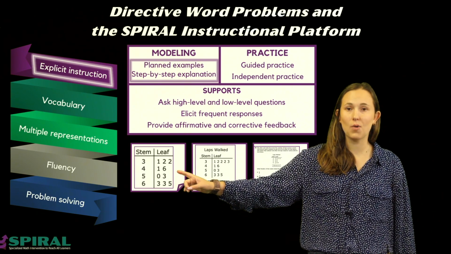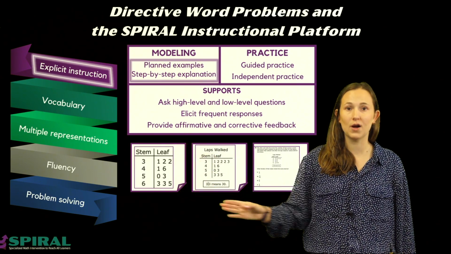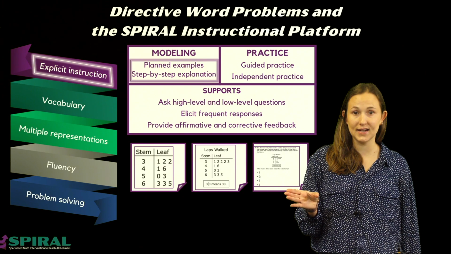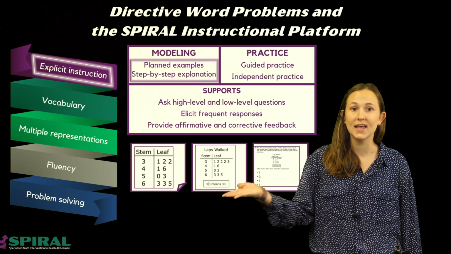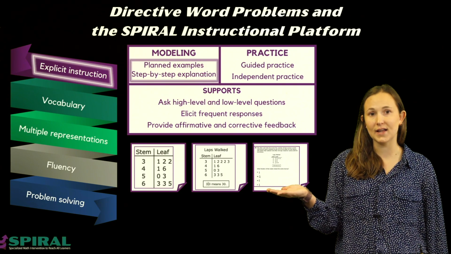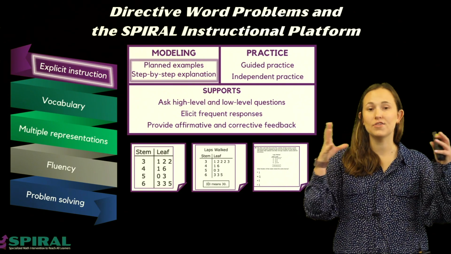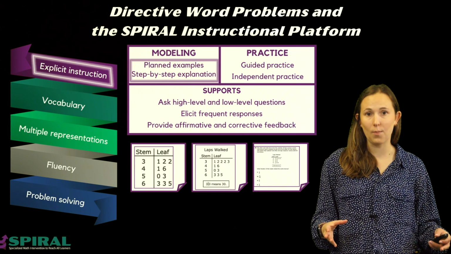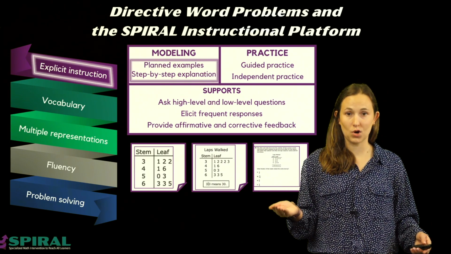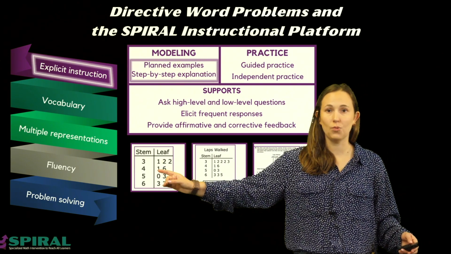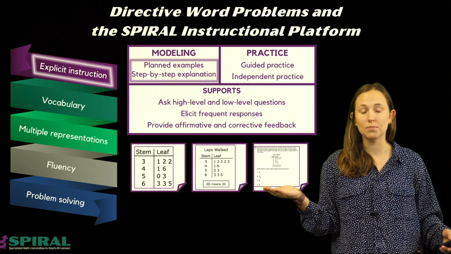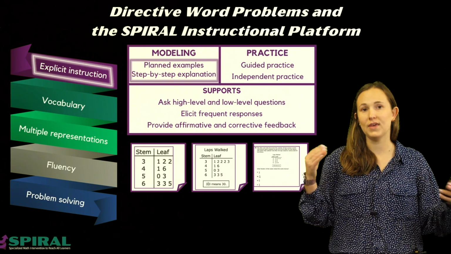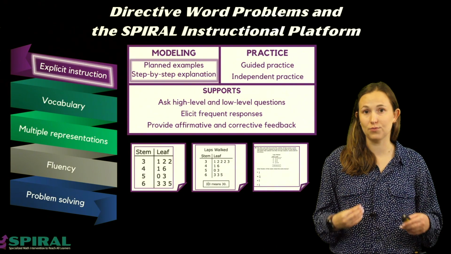You see here that we have the stem and leaf plot from that directive word problem isolated, and then later on we add a little bit more context, and then here we situate that stem and leaf plot within the context of the word problem. So when we're teaching directive word problems, we want to think about starting with that content and then gradually making examples more complex until they're situated within contextual directive word problems.